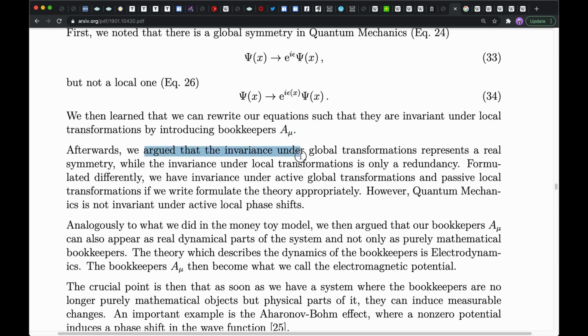Afterwards we argued that the invariance under global transformations represents a real symmetry, while the invariance under local transformation is only a redundancy. Formulated differently, we have invariance under active global transformations and passive local transformations if you write the theory appropriately.